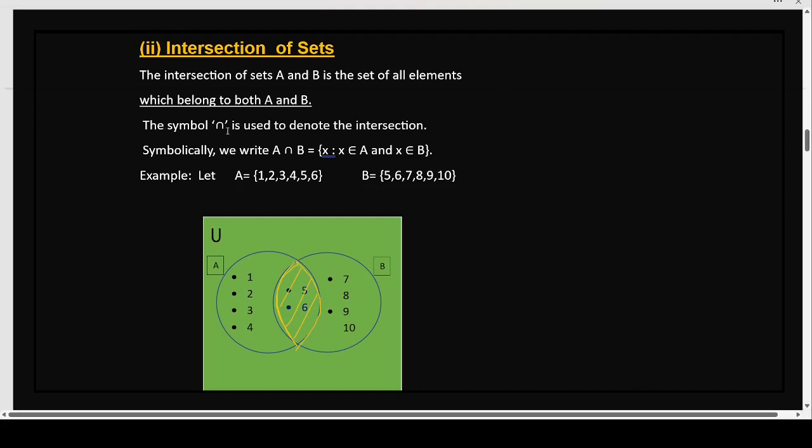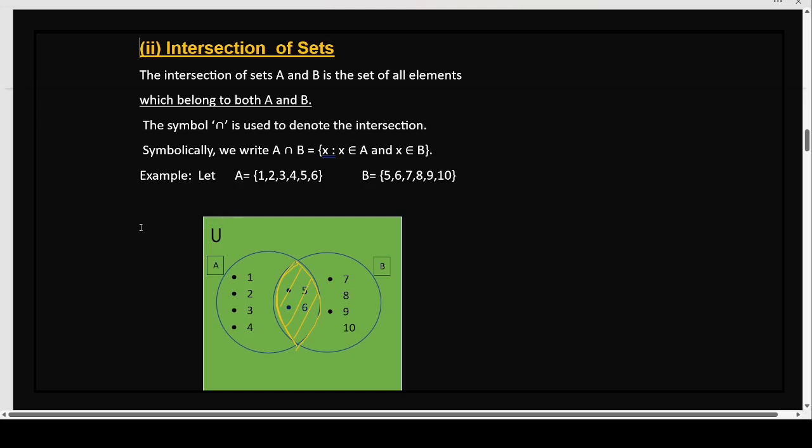The intersection symbol is used to denote the intersection. Symbolically, we write A intersection B equals X such that X belongs to A and X belongs to B. That means X belongs to both A and B.